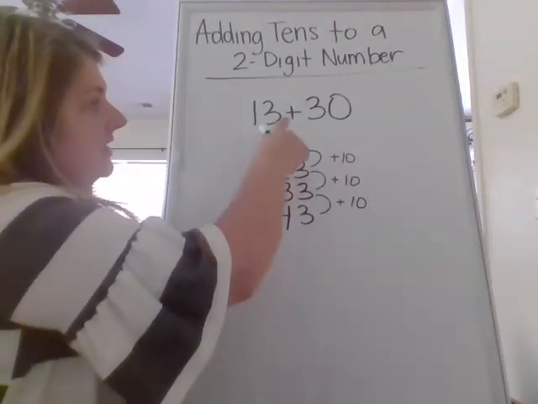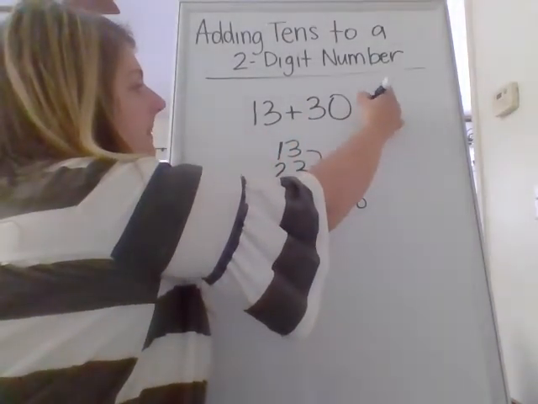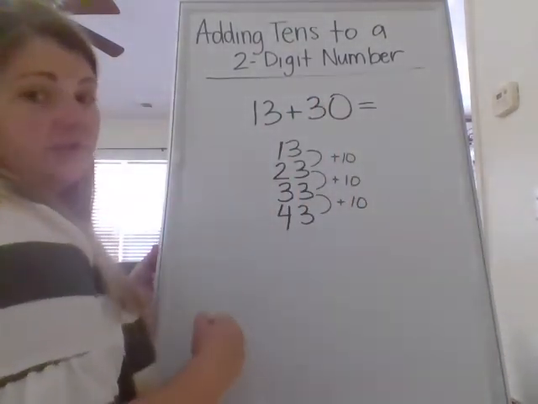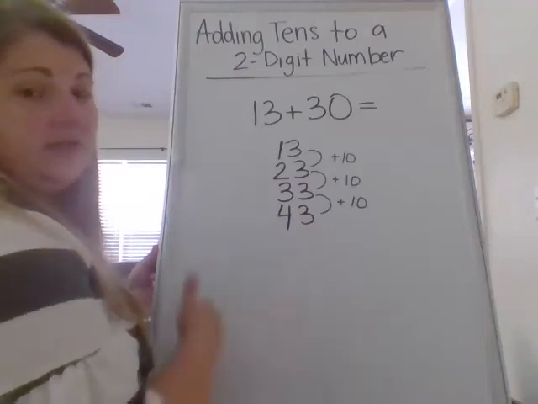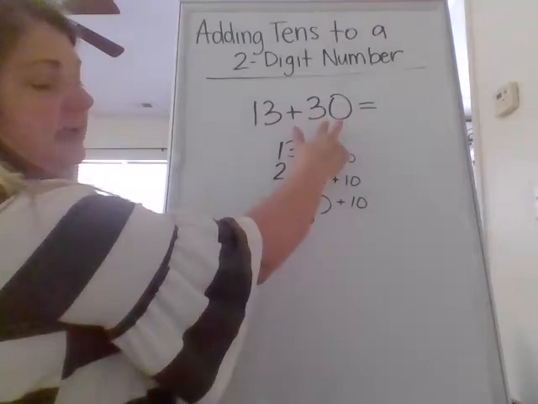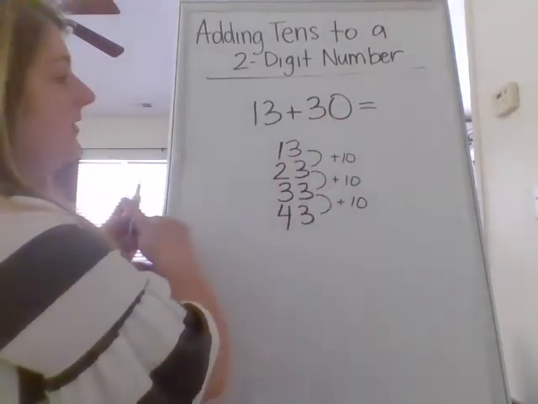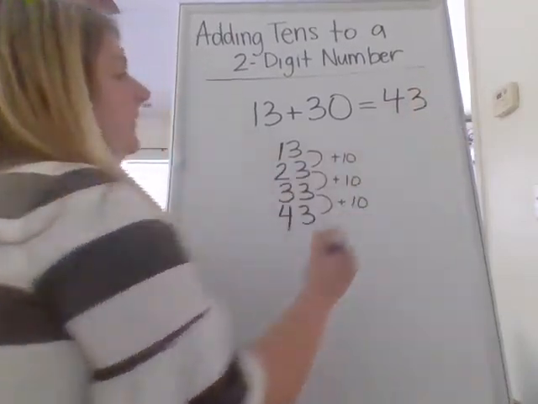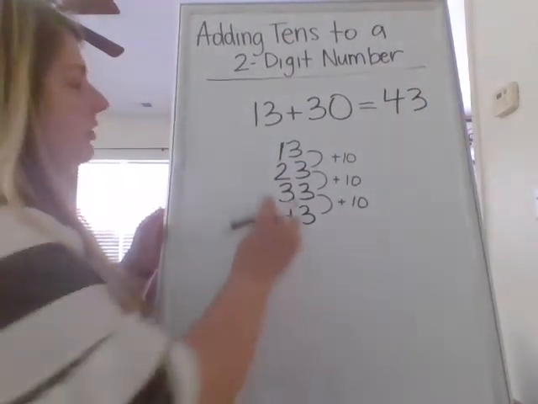Okay, so 13 plus 30, you can count up by tens. You start with 13, 23, 33, 43, and then I stop because I'm only adding 3 10s. All right, and so our answer is 43.